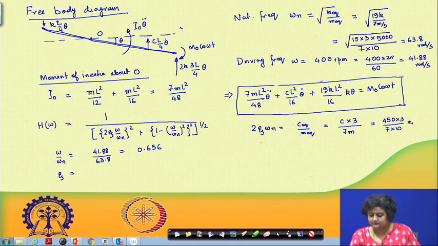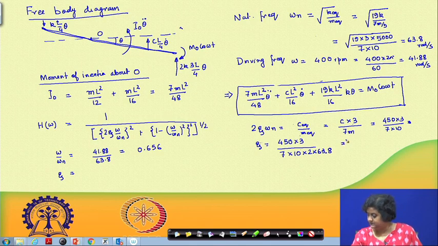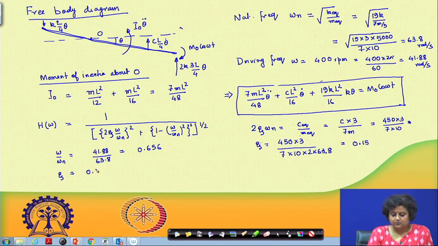So, zeta is going to be this divided by 2 into omega n, which is 450 into 3 by 7 into 10 into 2 into omega n, where omega n is 63.8. If you evaluate this, it is going to come to 0.15. Okay. So, zeta is 0.15.